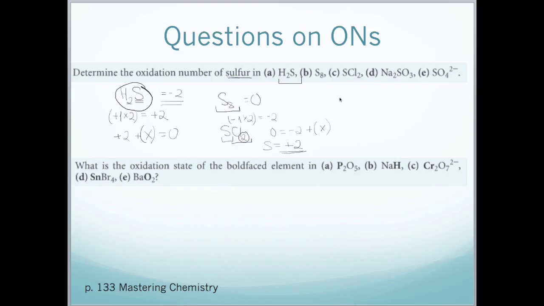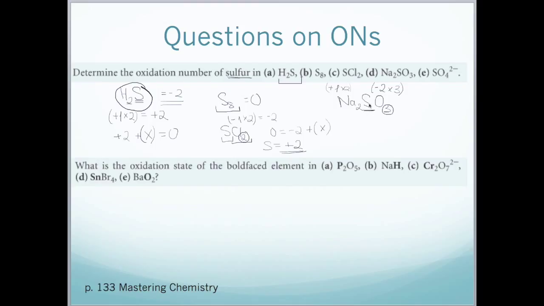In D, we have sodium times 2, 1 sulfur, and 3 oxygens. So we start off with the oxygens. We have no exceptions here, so it's -2, and because there are 3, we have to multiply that by 3. We'll leave sulfur for later. We have sodium, and because sodium is in group 1, it has a +1 oxidation number, and because there are 2, we have to multiply that number by 2.